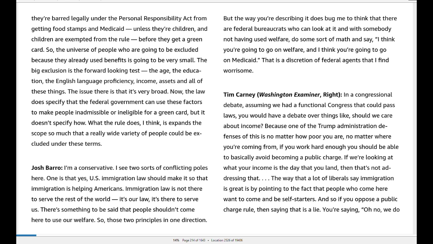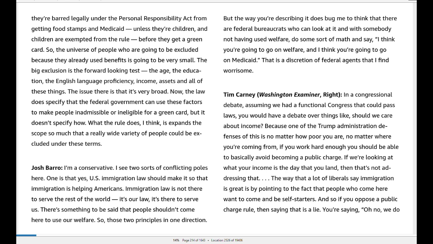So the universe of people who are going to be excluded because they already used benefits is going to be very small. The big exclusion is the forward-looking test: the age, the education, the English language proficiency, income, assets, and all of these things. The issue there is that it's very broad.